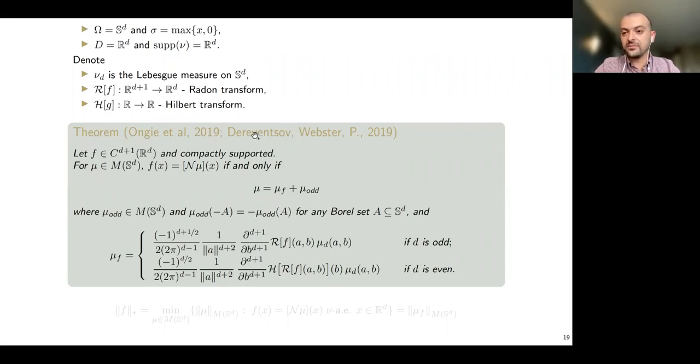We posted our paper pretty much concurrently, but our result was much weaker. We only showed that f can be represented in this form, but we didn't prove this if and only if condition. The stronger condition was proved by these authors.